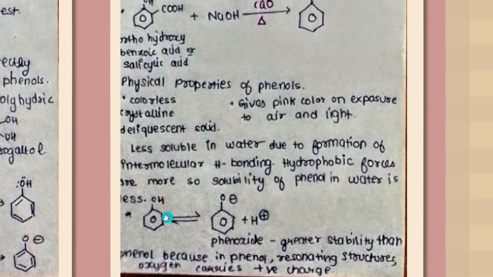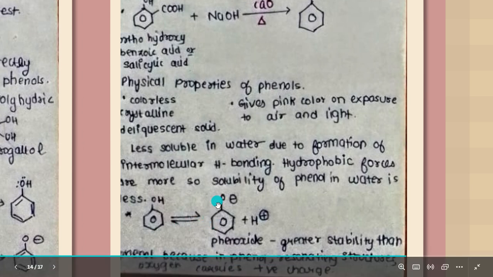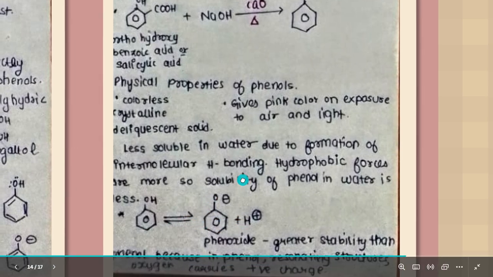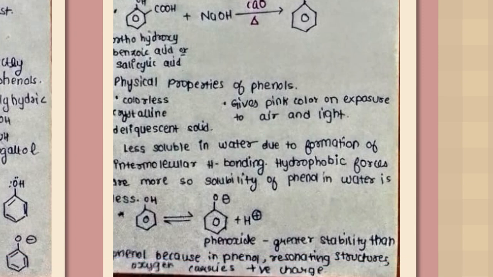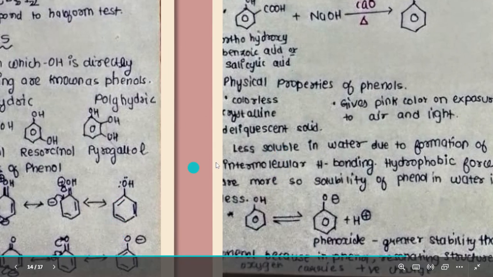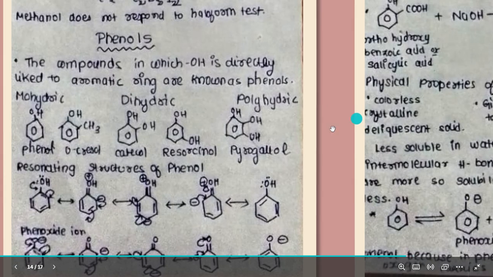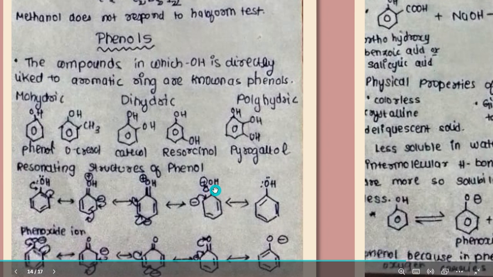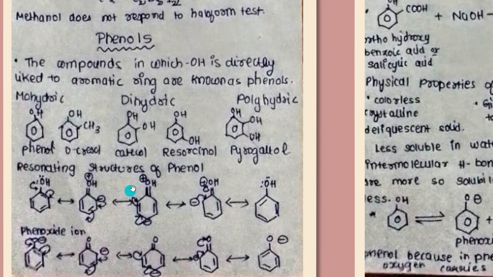water, right? So this phenol can be written as phenoxide plus H plus, right, as we discussed. Now this phenoxide has greater stability than phenol. Why? Because of the resonating structure, their oxygen carries a positive charge, right? Here as you can see, in the resonating structures of phenol, oxygen is having positive charge everywhere, right?